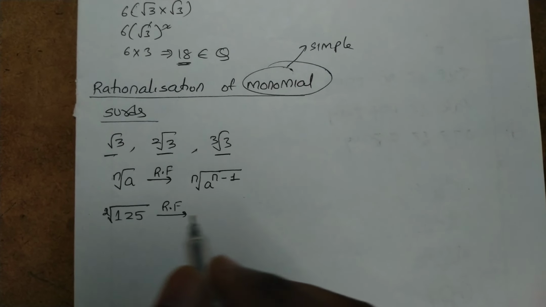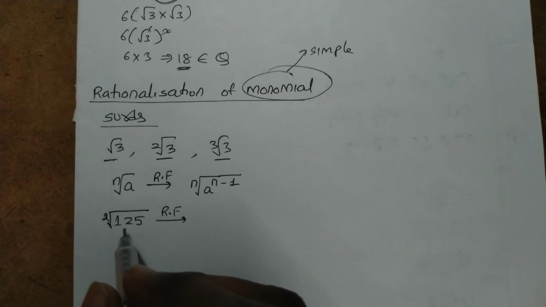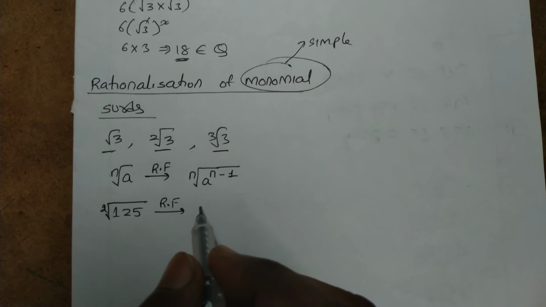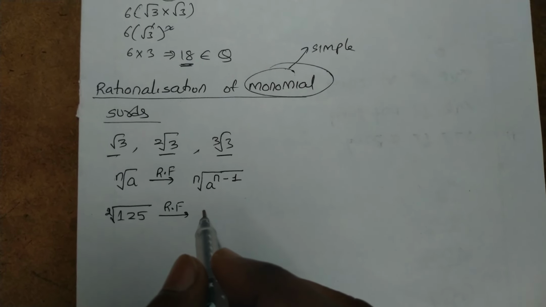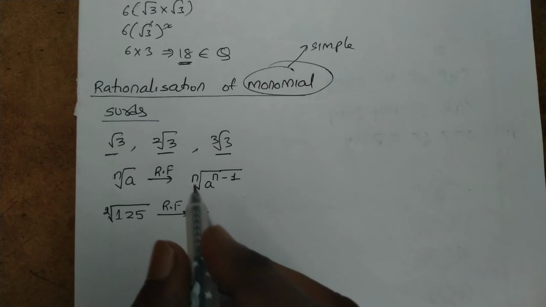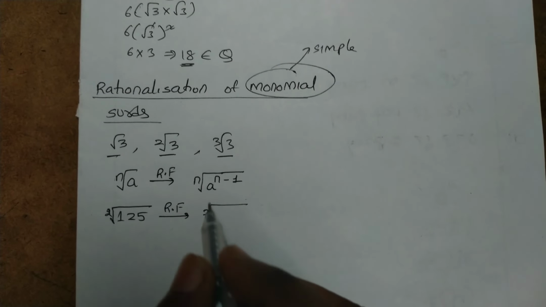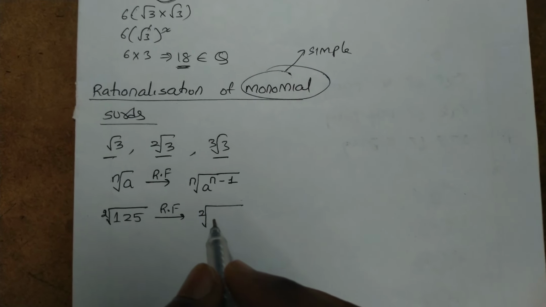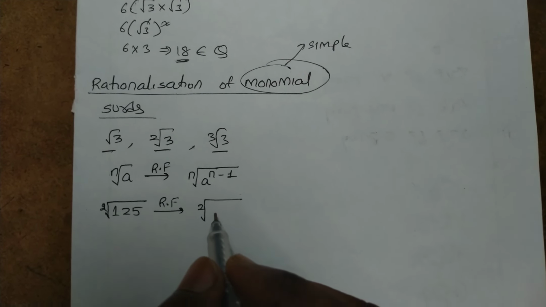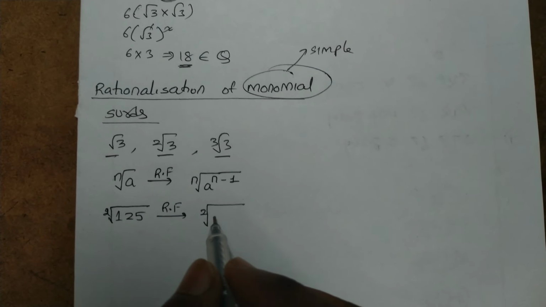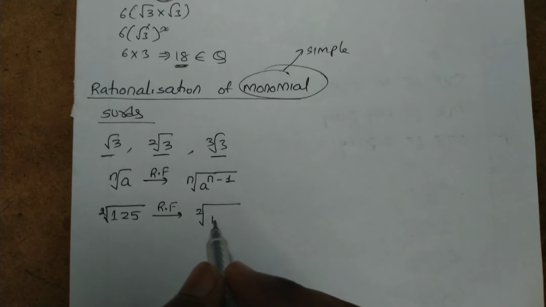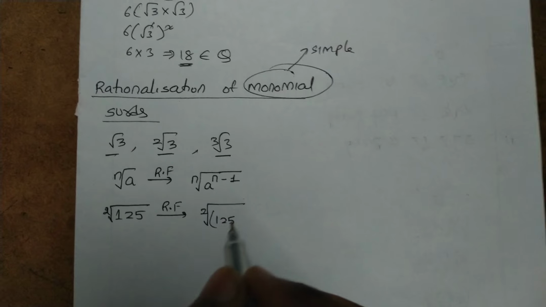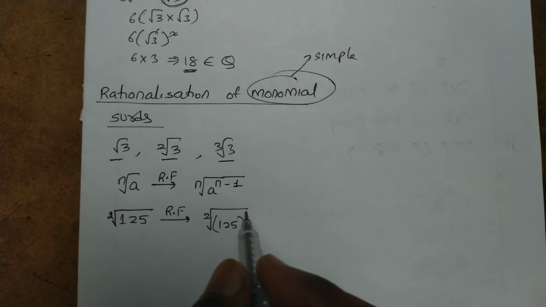Here n value is 2. And what is the value of a? A means 125 only. So 125 whole power n minus 1.